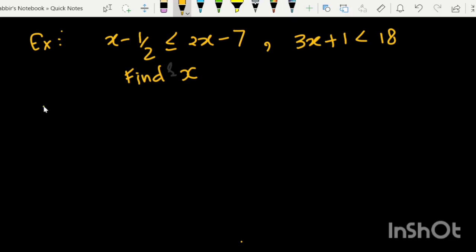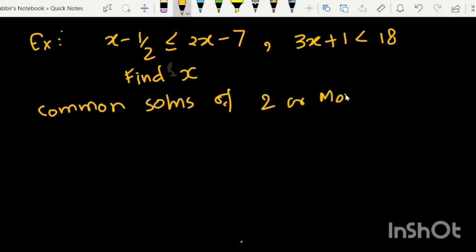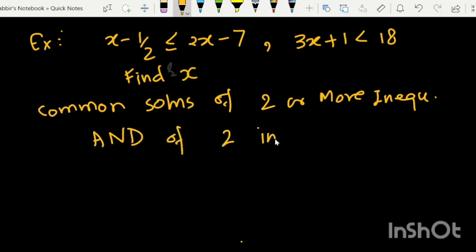It is about common solution of two or more inequalities, okay, and we call this concept 'and' of two inequalities, guys. It starts with two inequalities.